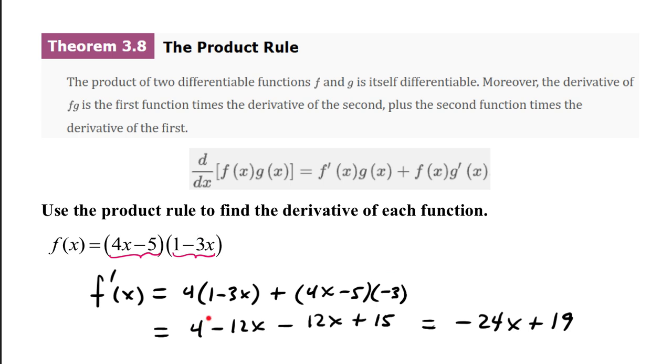Distribute the 4: 4 minus 12x. Distribute the negative 3: negative 12x plus 15. Combine like terms, and you have negative 24x plus 19.